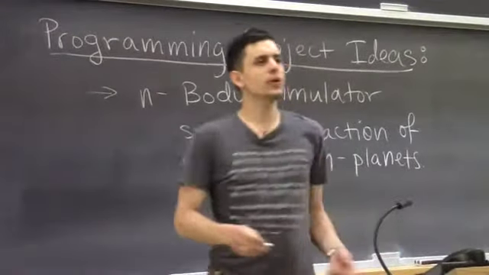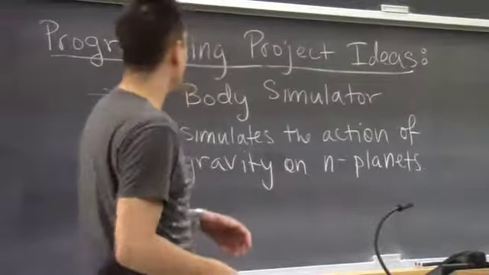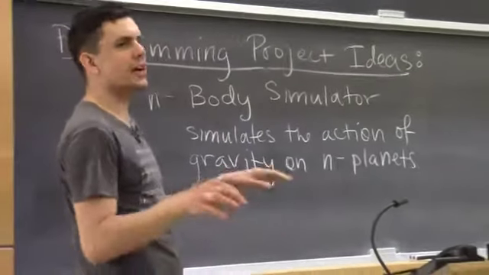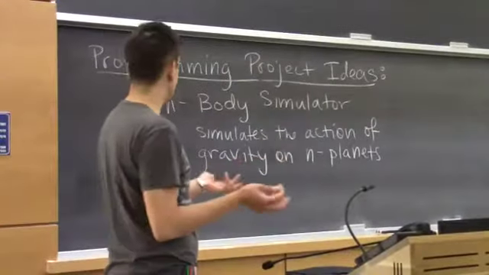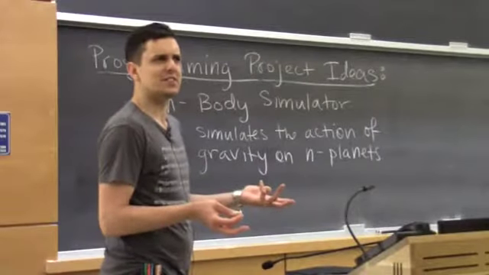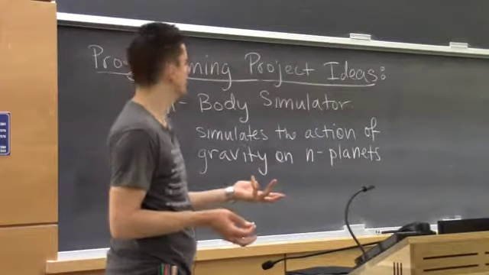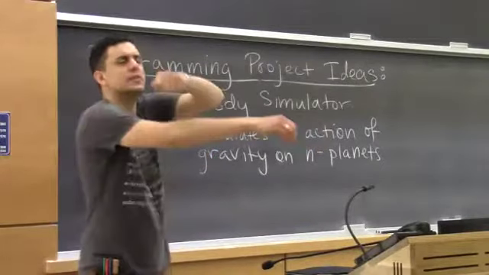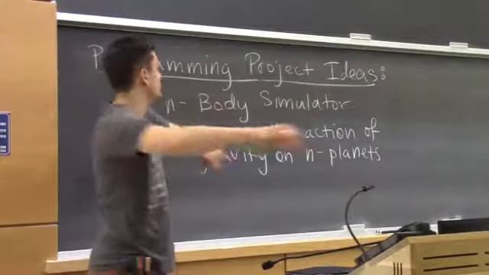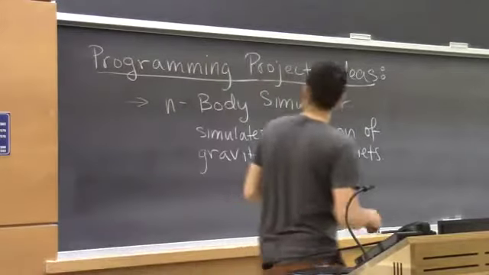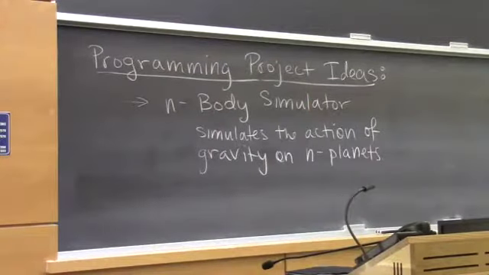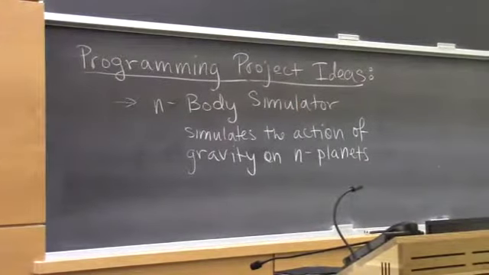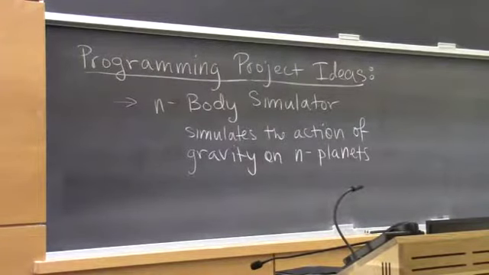Okay, so an ideal n-body simulator, you'd be able to plug in the weights of the 9 planets. Does Pluto count or not count? Anyway, you could plug in the actual weights of our planets, and it would simulate our solar system, and that'd be really cool. So that's an idea if you want to know a little bit about vectors and a little bit about calculus to try and program one of these.